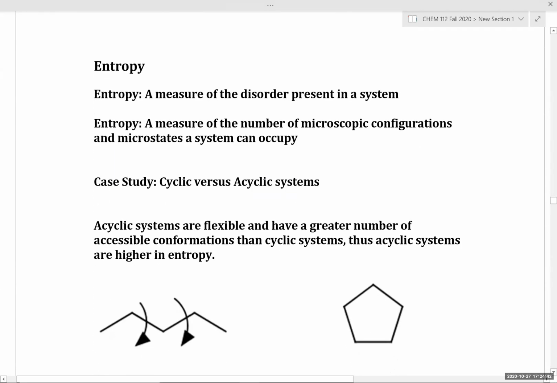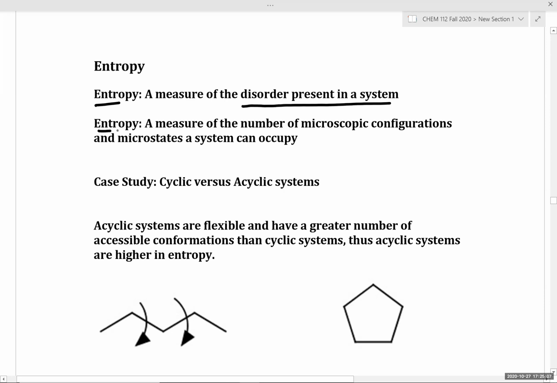Okay, the next factor that we need to talk about is entropy. Now, as we've discussed in Chemistry 102 in your previous courses, enthalpy is not the end-all be-all for whether or not a reaction is favorable. We have to consider both enthalpy and entropy effects. Entropy can be thought of as a measure of the disorder present in a system.